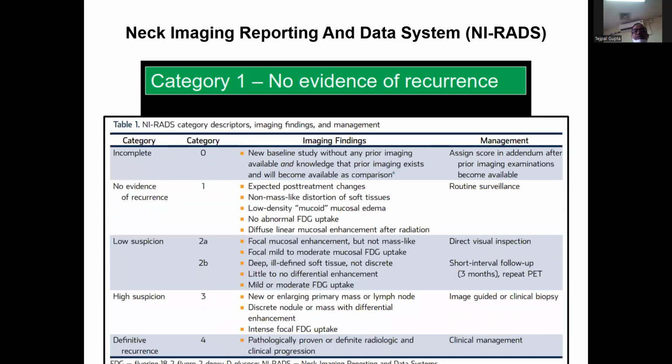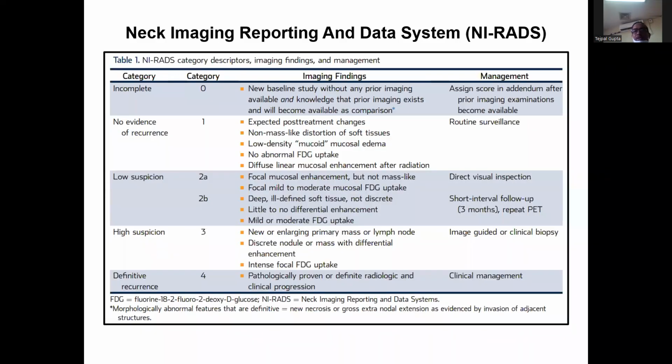These findings are linked to management recommendations, so they also tell you what the next course of action should be once you assign category 1, 2, 3, or 4 to the post-treatment neck imaging. This was published in 2016.